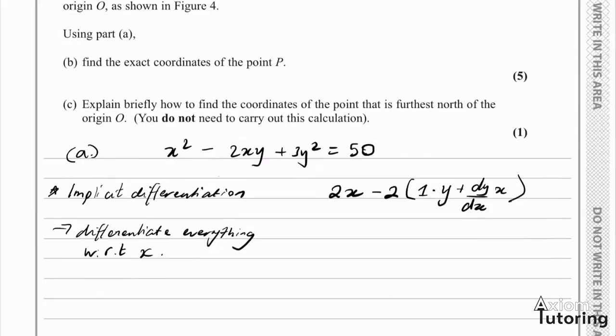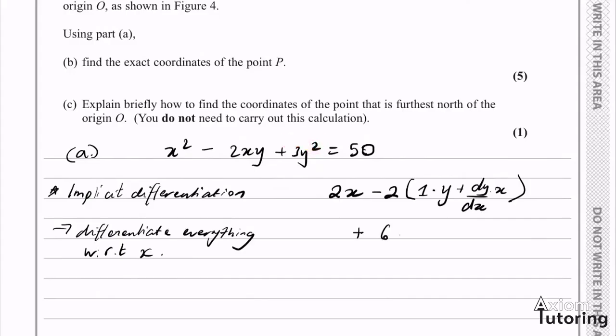So that second term differentiates to minus 2 brackets 1 times y, which is y, plus dy over dx times x. And then the third term is just in terms of y. So 3y squared, if we differentiate that with respect to x, we bring down the index of 2 and then minus 1.